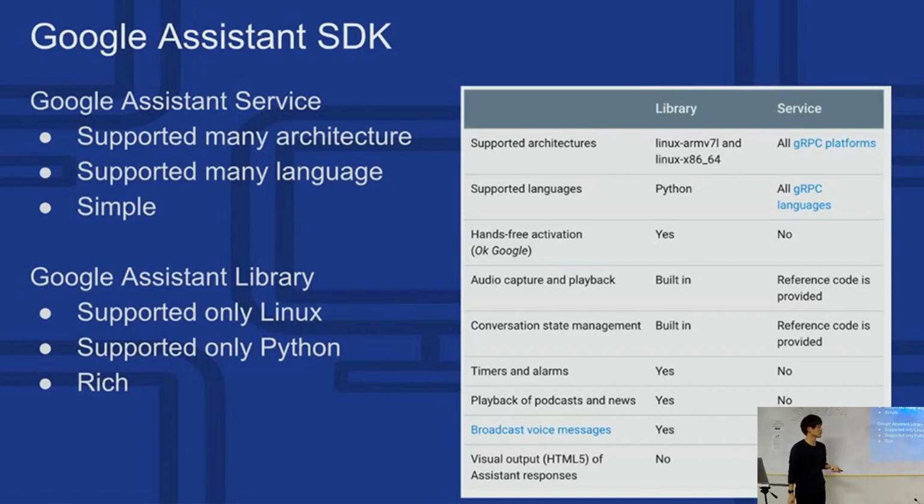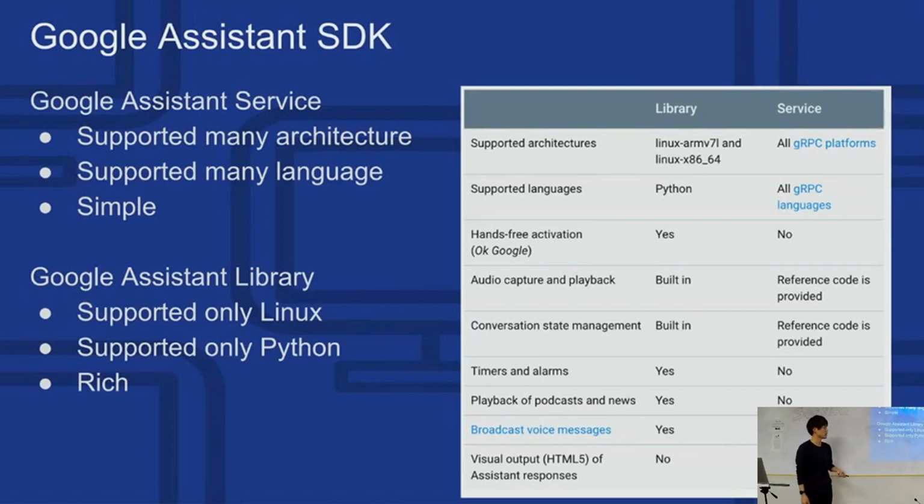On the other hand, the Google Assistant Library only supports Linux, and it means Raspberry Pi Model 3 and other Linux machines that have the same specs or better specs than Raspberry Pi 3. And also, it only supports Python.